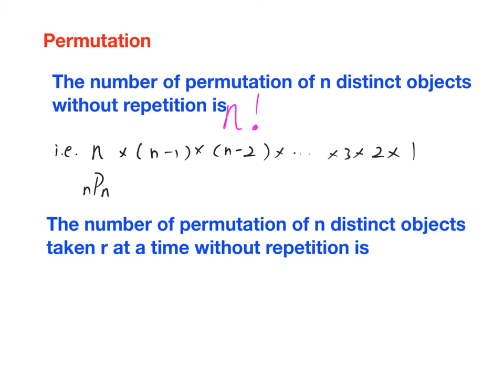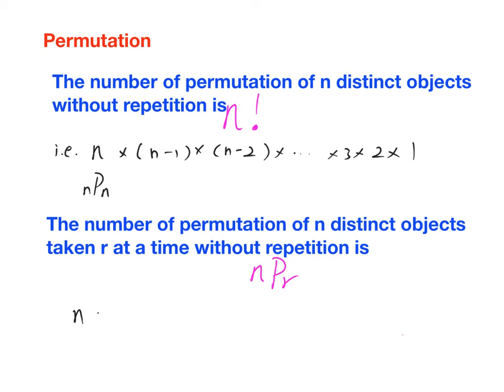Another case is that we have n distinct objects, but we only take r objects at a time. So the number is nPr.